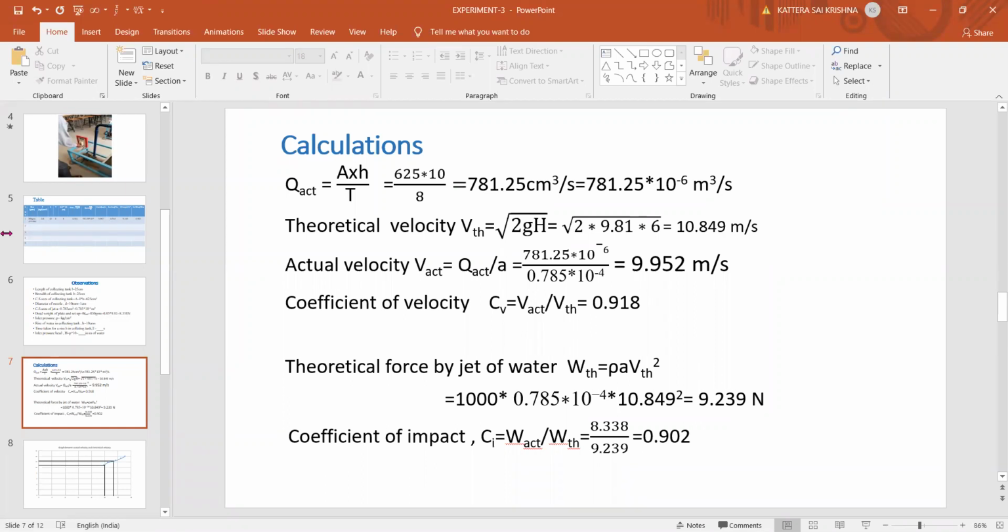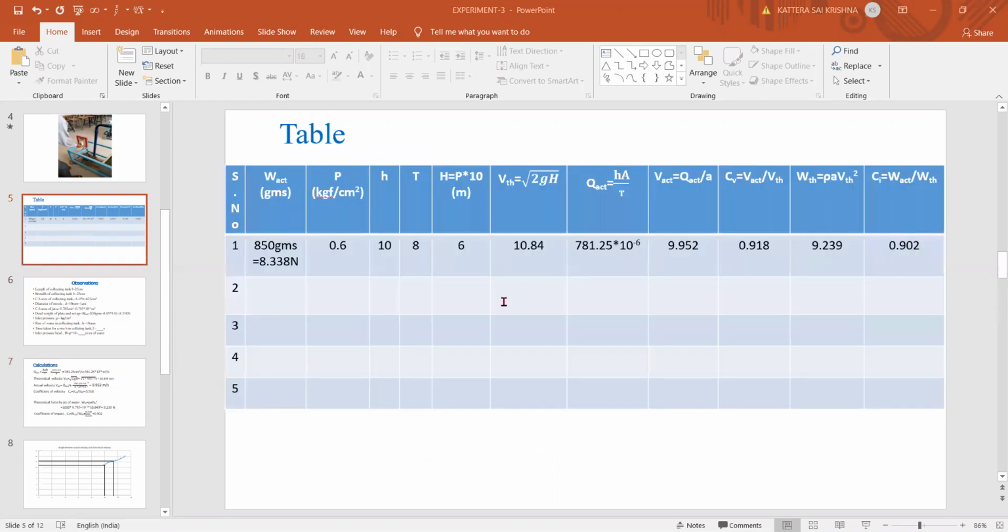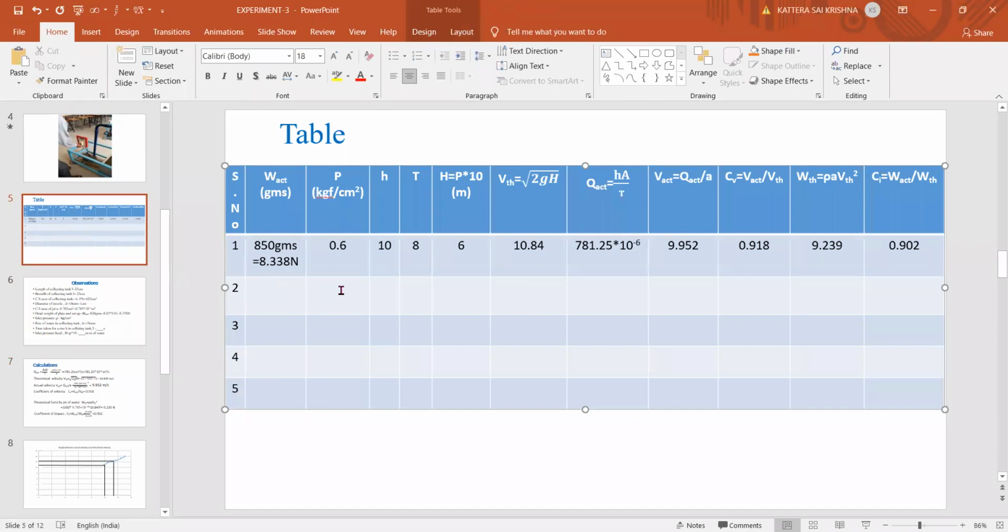Yes, if you copied these values, just inform me. We'll go for the second reading. Shall we start with the second reading?